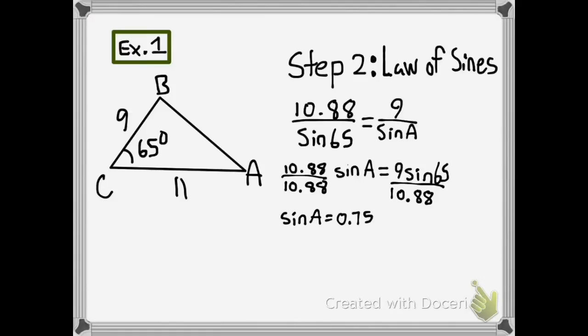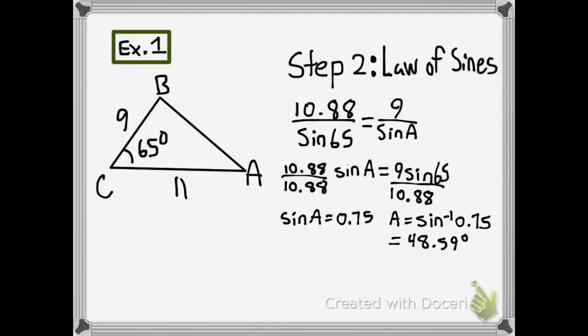And then to leave A by itself now, we will have A equals sine inverse of 0.75, which should equal finally 48.59 degrees.